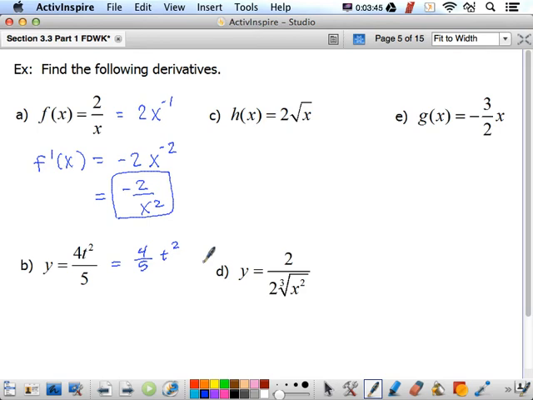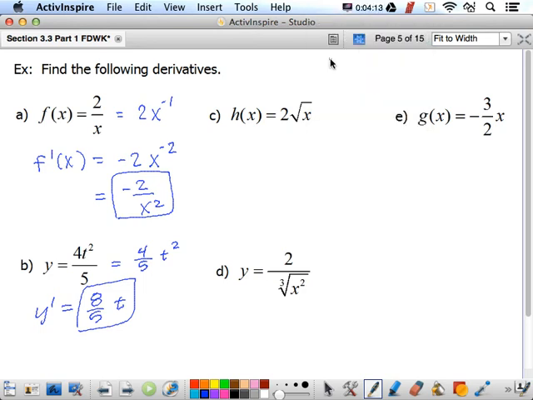Just use the 4 and the 5 as the coefficient, and the t squared can be written out beside it. Then it can be used just like the power rule. Y prime equals what? 2 times 4/5, which is 8/5. Down 1 on the power, which would be t to the first. So we'll pause right there and see if anybody has questions.